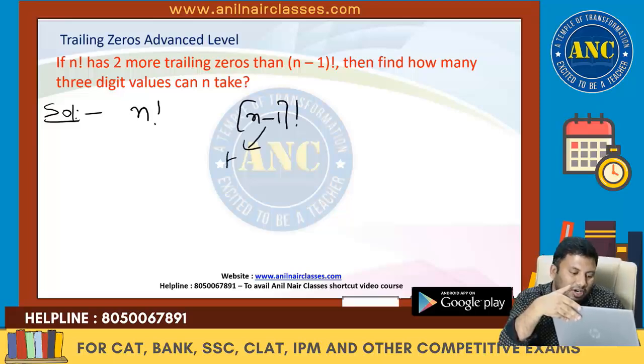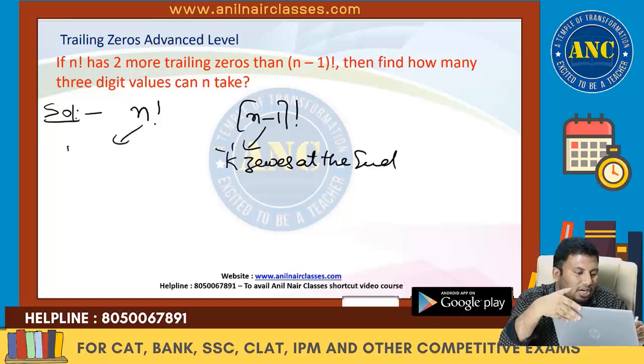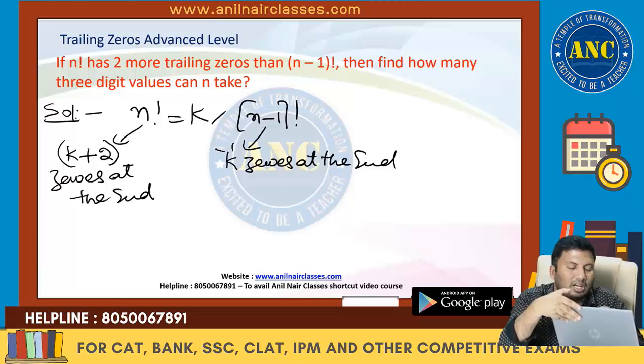If n minus 1 factorial has got k zeros at the end, this has got k plus 2 zeros at the end. This is the question. Why does it have that? Because of multiplication of some number.